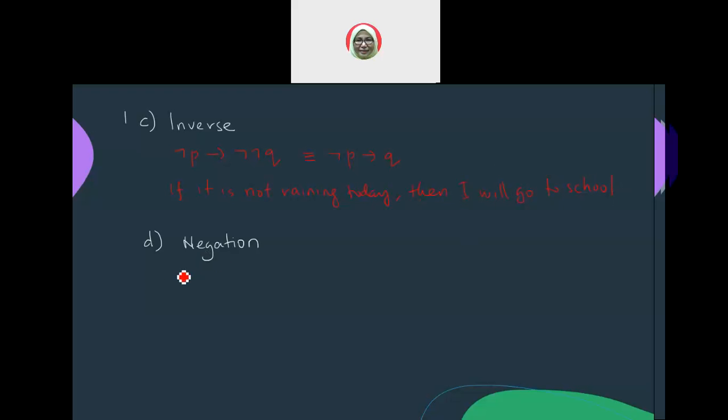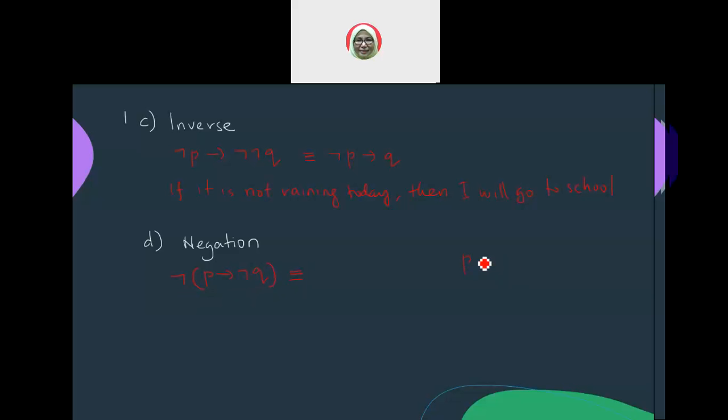Okay. Lastly, to find the negation. The original statement in symbolic is P implies not Q. Now to get the negation, just put the negation.